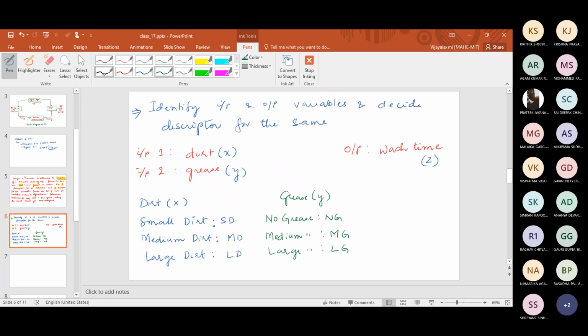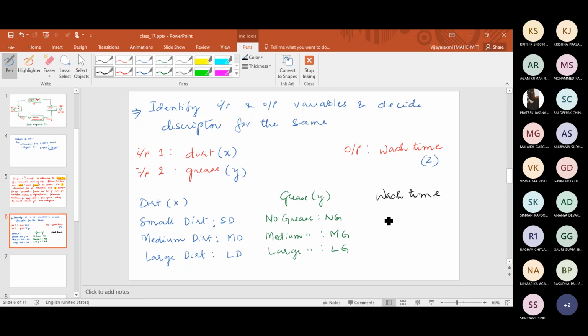It depends on you, how you write them, based on your experience or your knowledge. The third one is the output, wash time. It is mentioned in the question that we can have 5 descriptors.